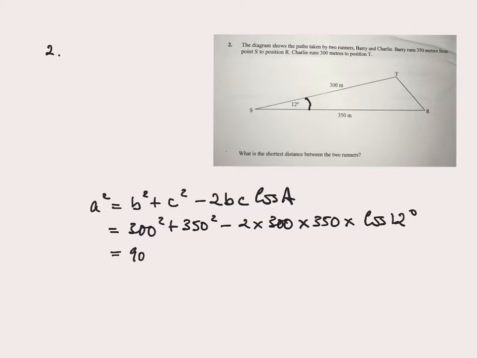So it's 90,000, 122,500, it's 205,411. Now this can all be done on the calculator at once, this whole line here, as long as you're careful.